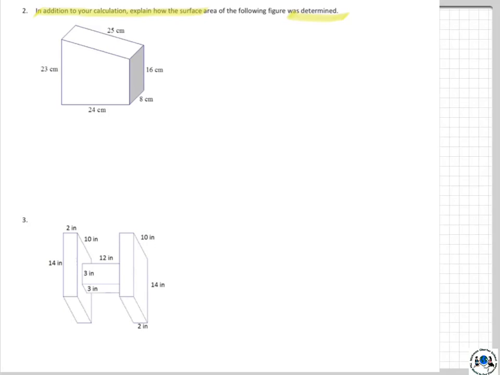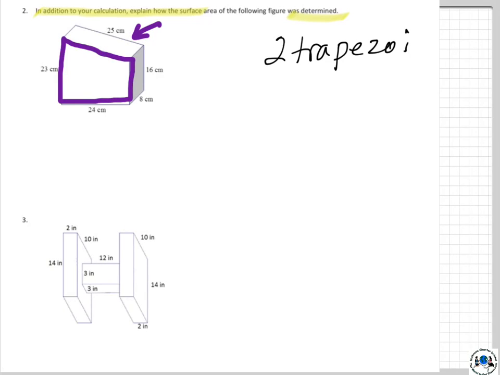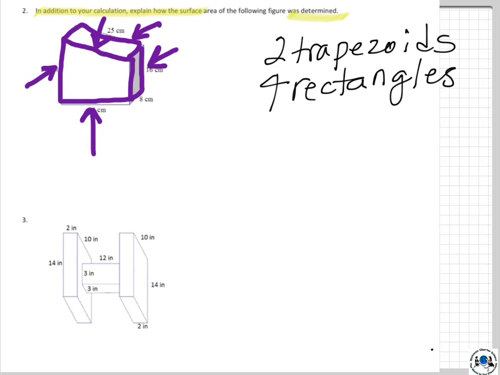The way I looked at this was that I am looking at 2 trapezoids and 4 rectangles. So that is the way I determined it, and well, I'm about to determine it, and I didn't give you a chance to decide how you would determine it, but if you want to, you could do it the same. But if you do it differently, just explain it differently and how you're doing it.